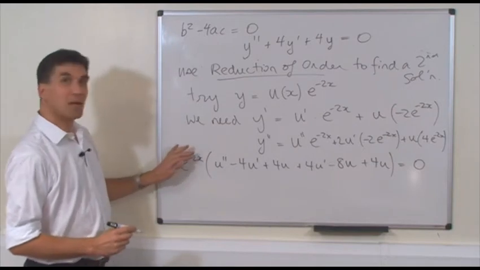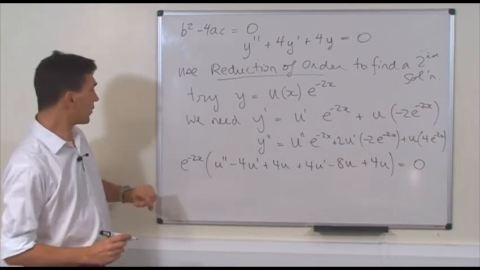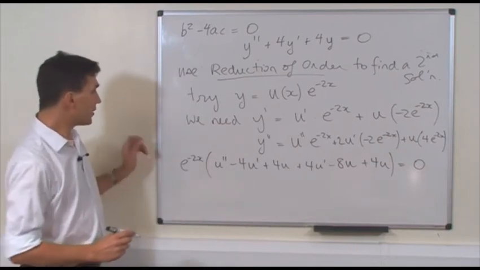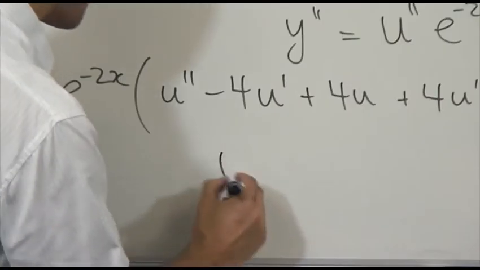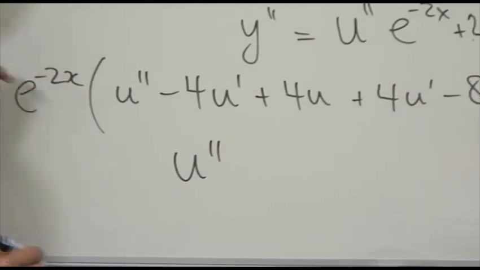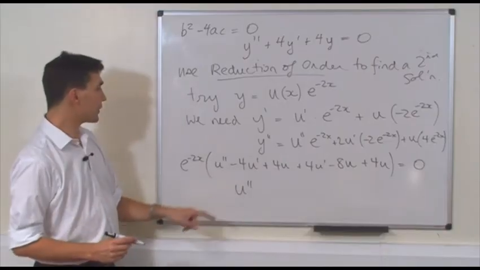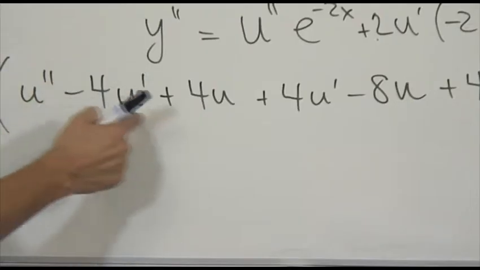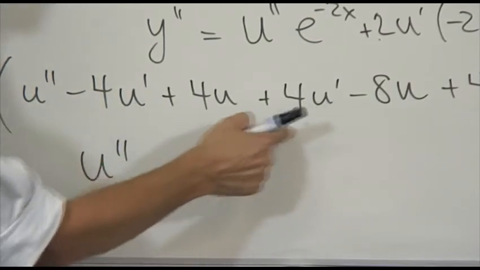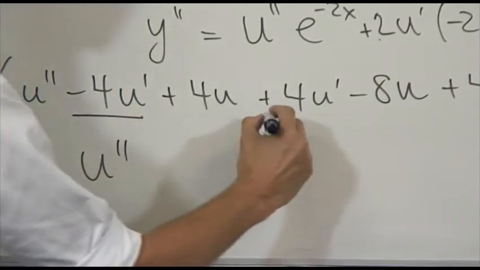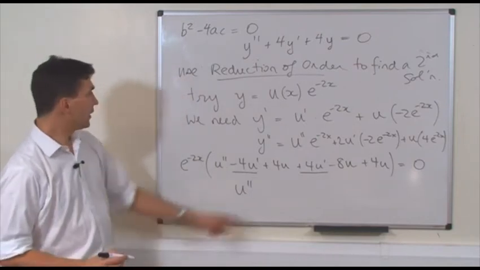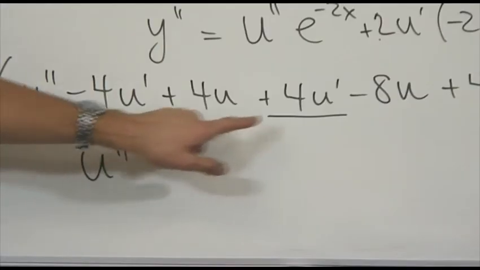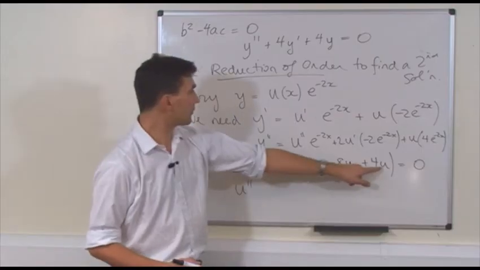So e to the minus 2x is never 0, so we don't have to worry about that. What we've got in here, we can simplify. So the first bit we've got is u double prime. How many u primes do we have? Well, there's minus 4 of them here, and there's plus 4 of them there. So they cancel. And how many u's do we have? We've got plus 4 of them there, we've got minus 8 of them there, and we've got plus 4 of them there.